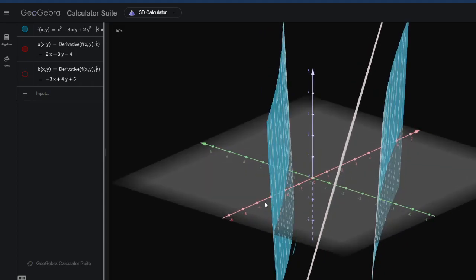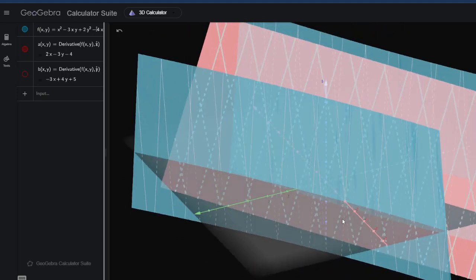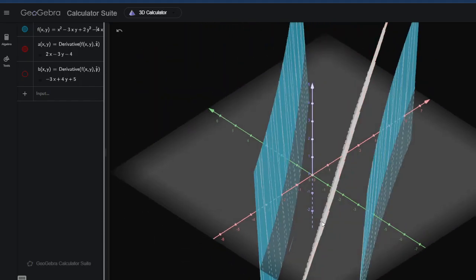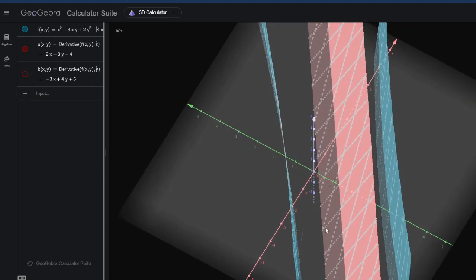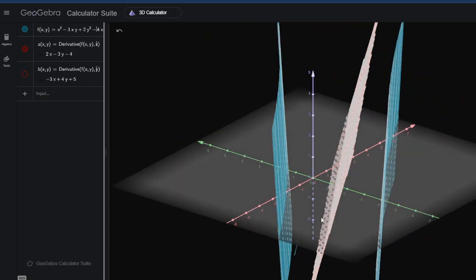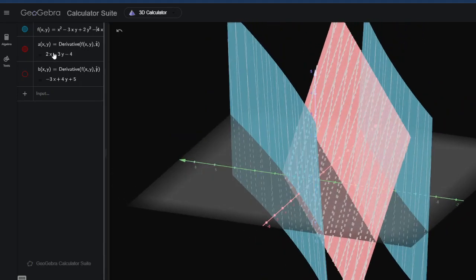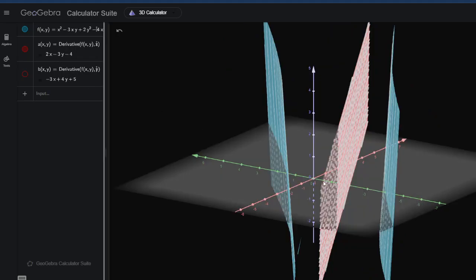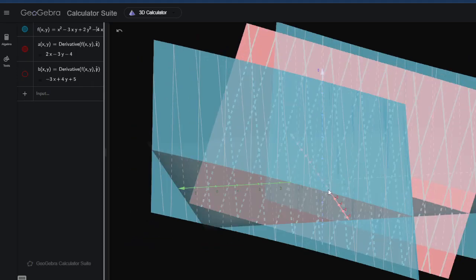But the partial derivatives, those would just be planes, right? As we can see here, they would just be flat planes. They appear to be a little bit curved, a slight curve to them, right? But if we look at them from the side, they look pretty flat.